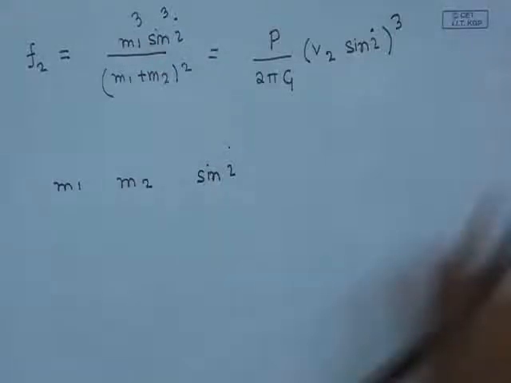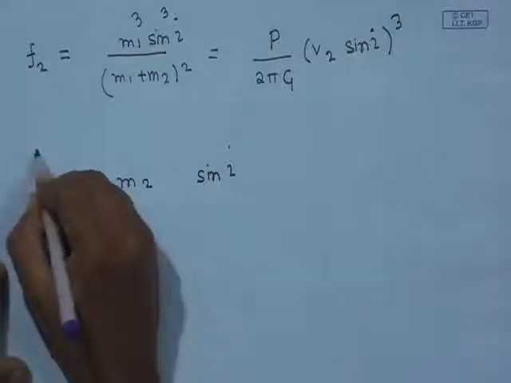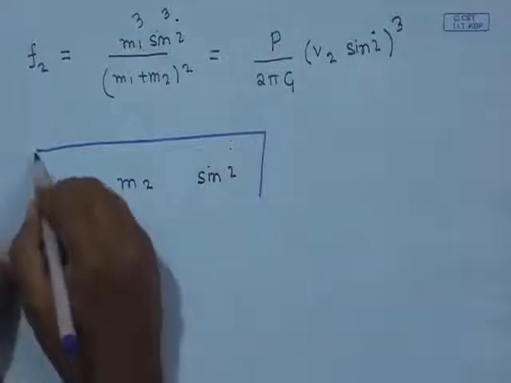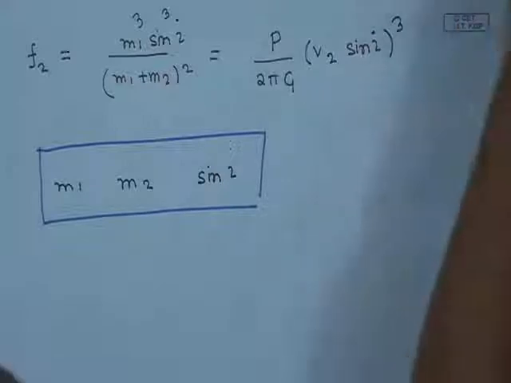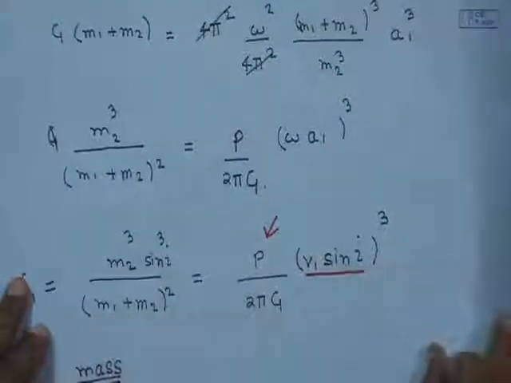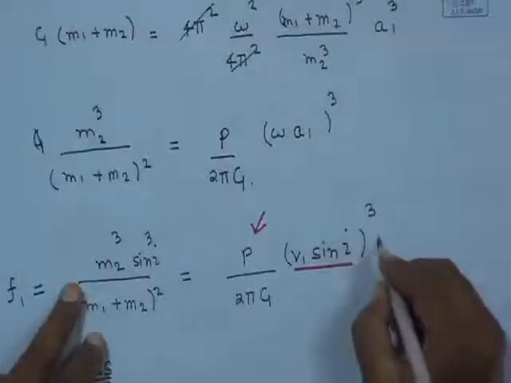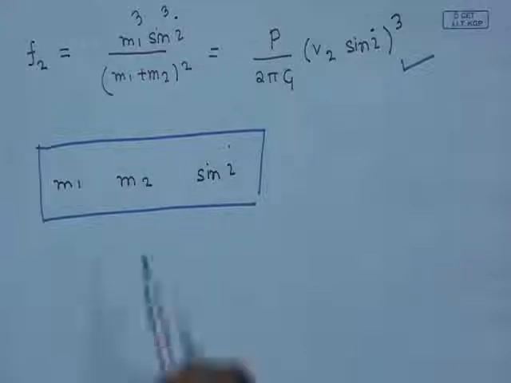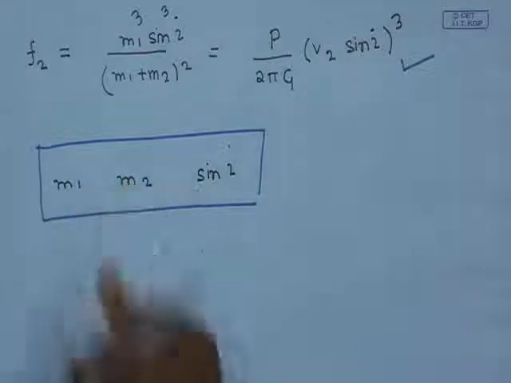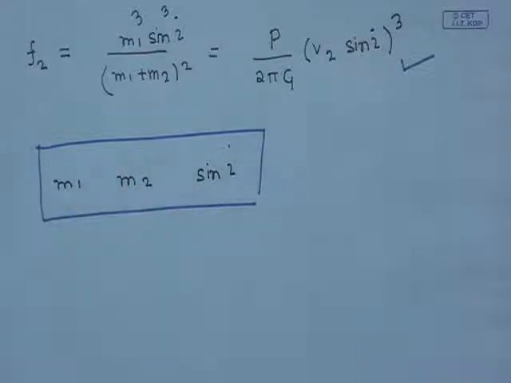So, these three quantities are unknown, and we only have two relations which can be determined from these observations. One is the mass function of the first object, other is the mass function of the second object. These two quantities together are not adequate to uniquely determine the masses. So, that is the first point that we have to understand.